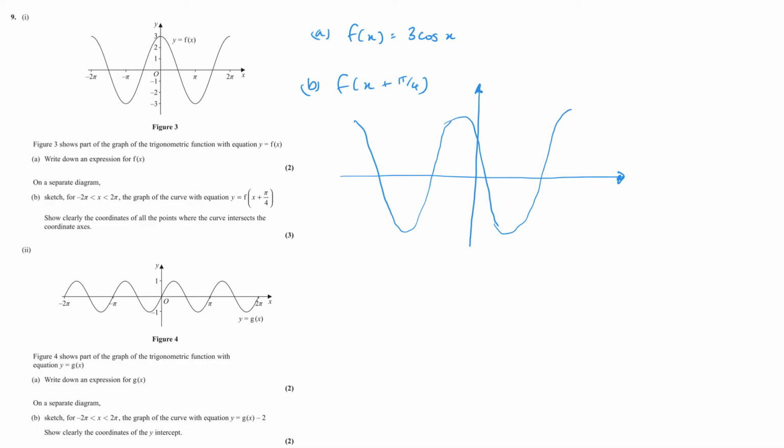Now this will be here, will be at minus pi by 4. Okay, and we got between 3 and minus 3. So all these points now are moving down by pi by 4.